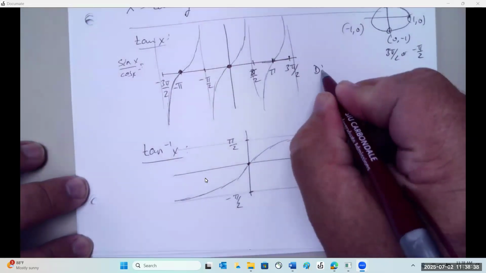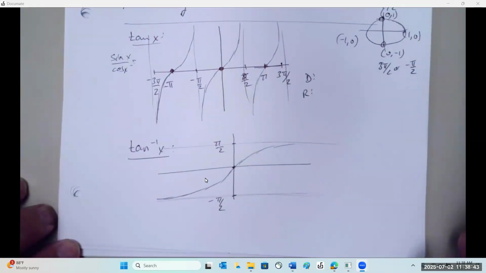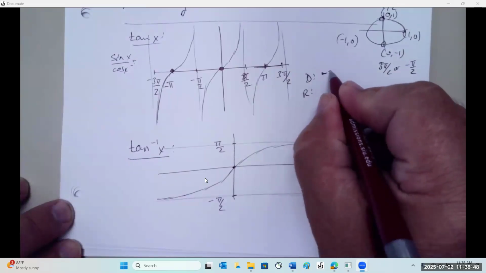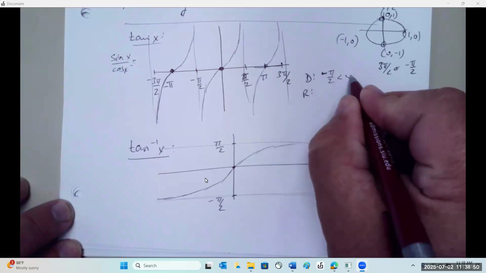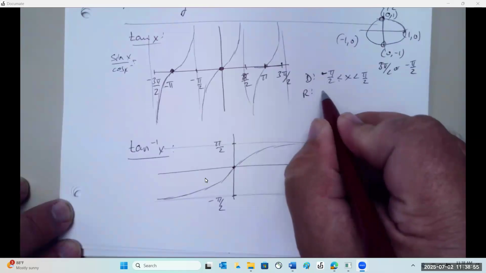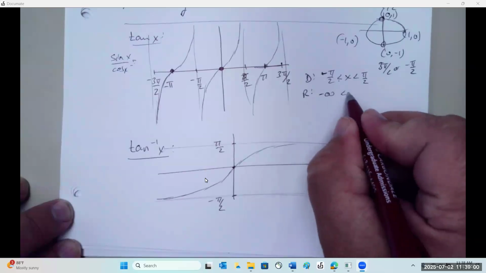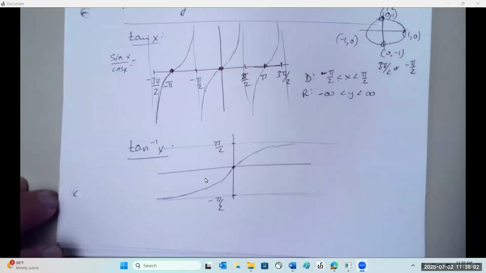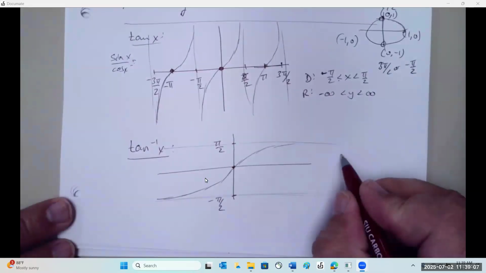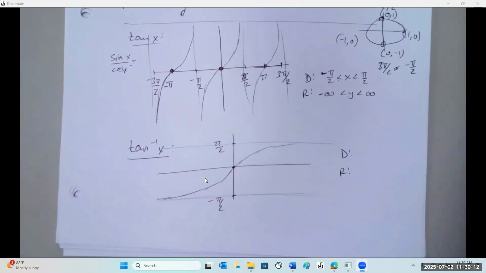So the domain of the tangent function is negative pi over 2 to pi over 2, and the range is from negative infinity to positive infinity. That's for the original one. Now, for the inverse function, the domain and ranges change.